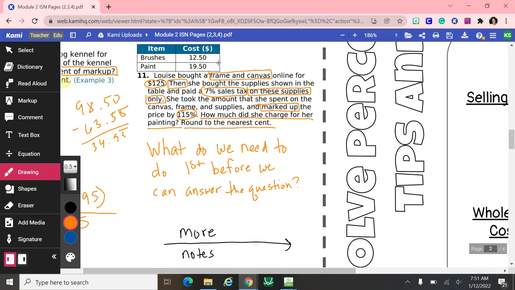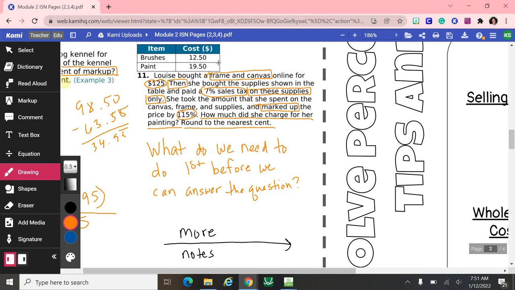She took the amount that she spent on the canvas, the frame, and the supplies, and then she marked up the price by 115%. She wants to make a profit on whatever artwork she's making here. The question is, how much did she charge for her painting? Round to the nearest cent. All these apply questions ask you to do something first. It's multi-steps.